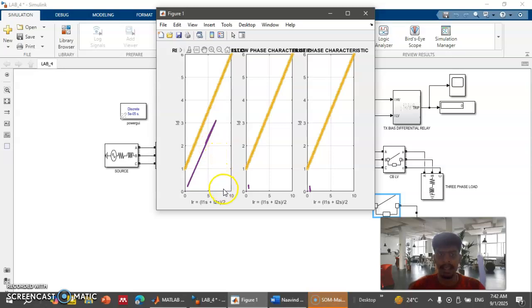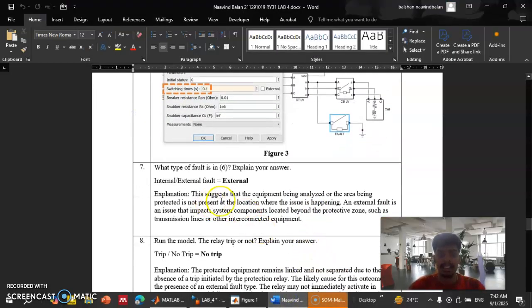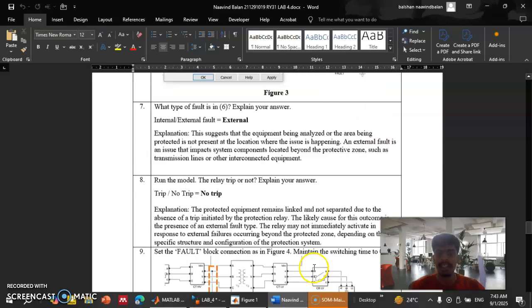It will detect an error, but it is below that I. This suggests that the equipment being analyzed or the area being protected is not present at the location where the issue is happening. The external fault is an issue that impacts system components located beyond the protective zone, such as transmission lines or other interconnected equipment.